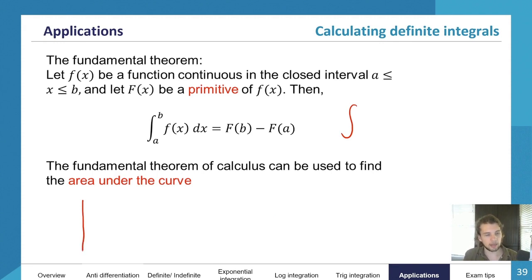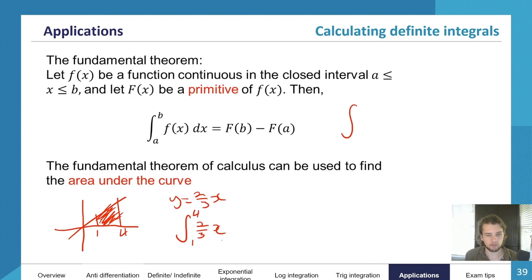So let's say we had a line like this, and we said the line is y is equal to 2 over 3x. If we wanted to find the area between 1 and 4 under the line, so that's this area I'm coloring in here, that means we would use an integration of 2 over 3x between the points 1 and 4.